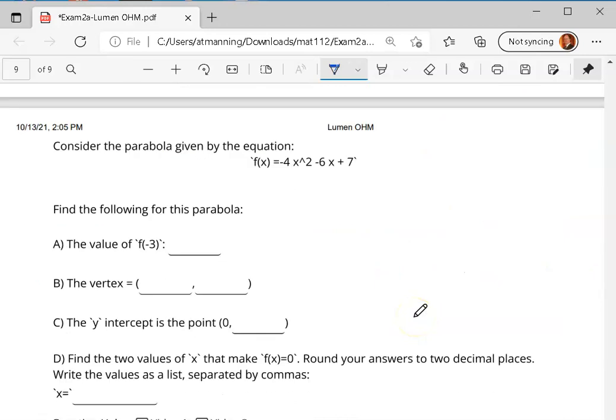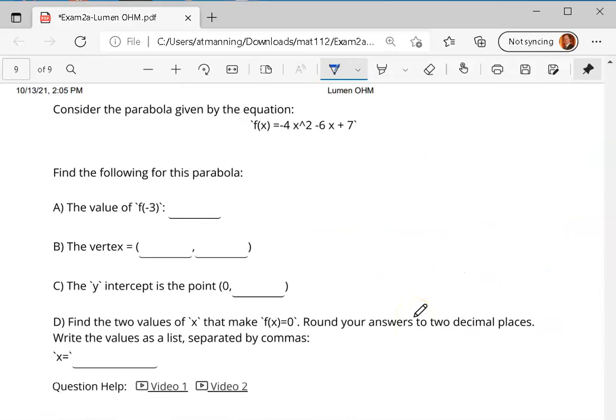And finally, the last problem. Same problem. I have a parabola: negative 4x squared minus 6x plus 7. Nothing to factor out, so let's just find f of negative 3.